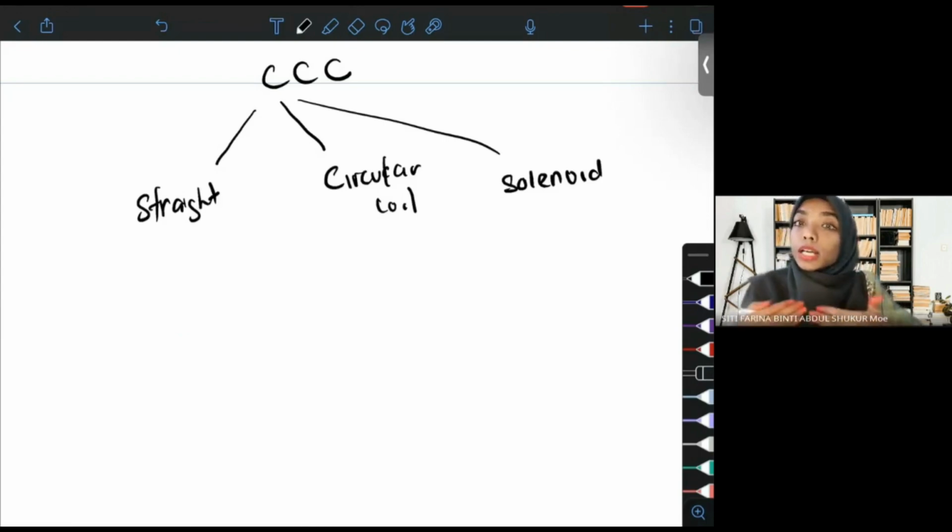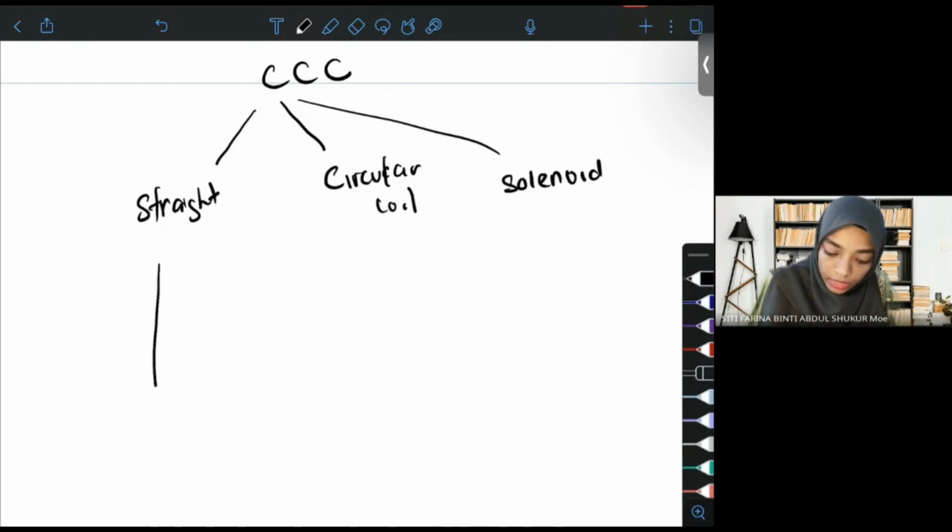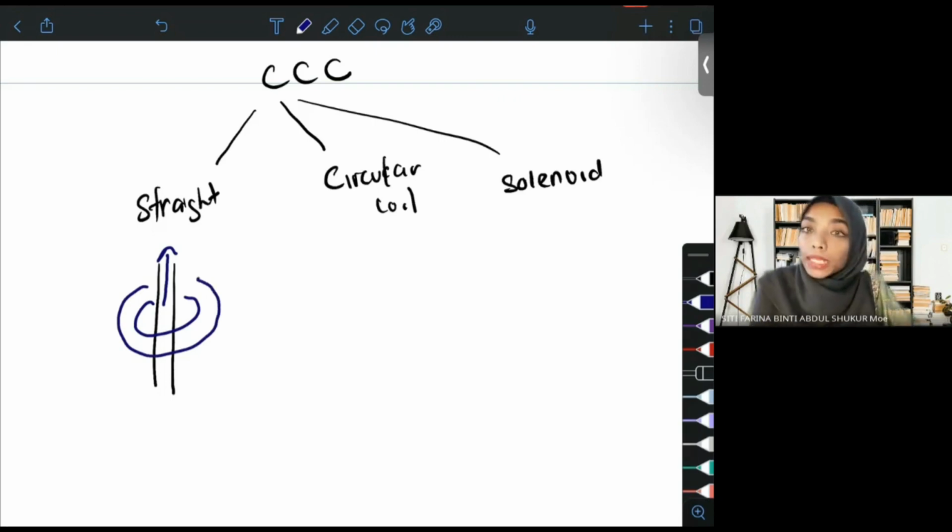When you have current flowing in a conductor, you can have a magnetic field. Okay, boleh wujudkan magnetic field. Dia akan terus ada magnetic field. Contoh straight wire kita adalah this is your straight wire. So, kalau ada current yang flow in this straight wire, automatically di keliling straight wire ini, you're going to have magnetic field.